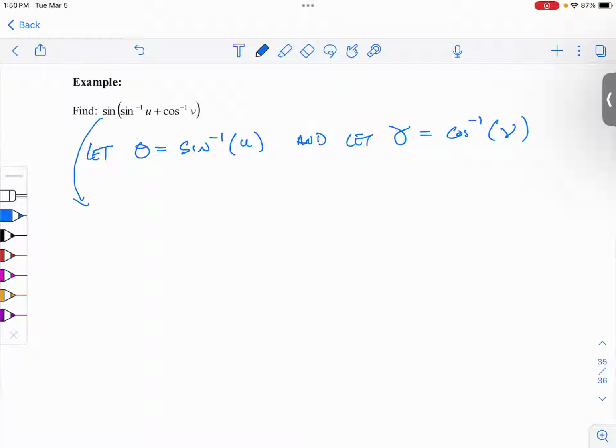So this part becomes sine of theta plus gamma. And what are we going to do with theta equals sine inverse u and gamma equals cosine inverse v?